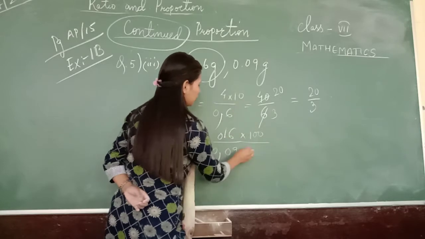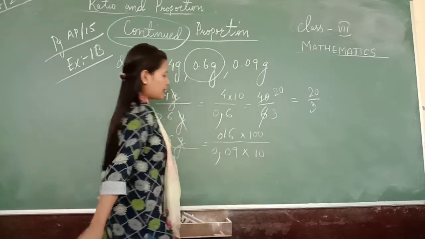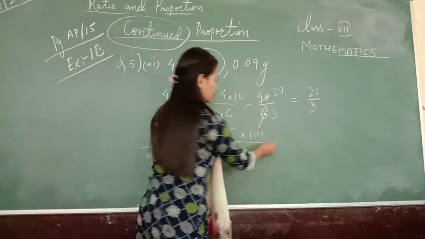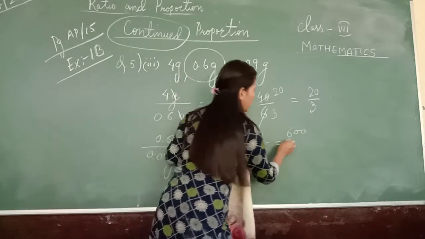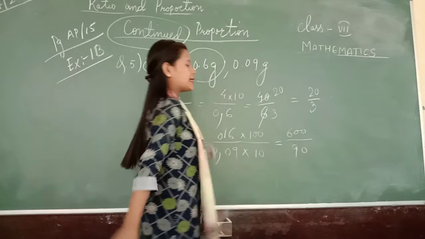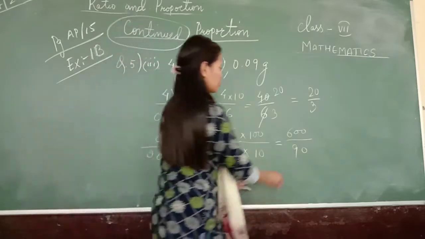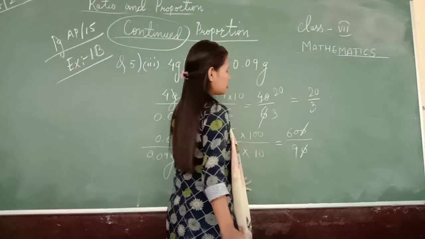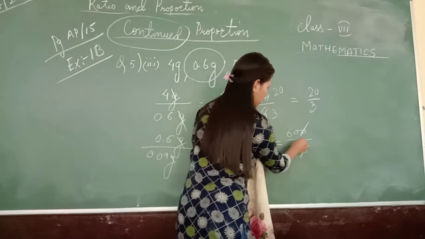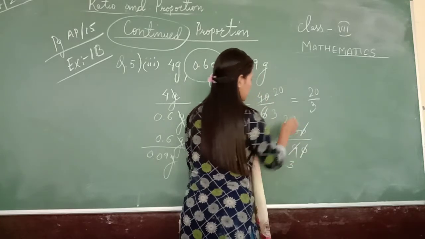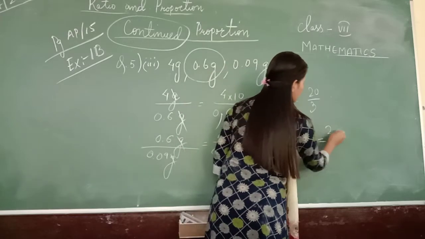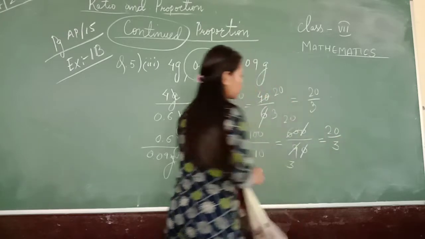Remove this decimal, multiply the denominator by 10. Okay, so 6 into 100, that is 600. 9 into 10, that is 90. Okay, so this 0 and 0 get cancelled. So let us divide this by 3, that is 3 3s are 9, 3 2s are 6, 0. So that is equal to 20 by 3.